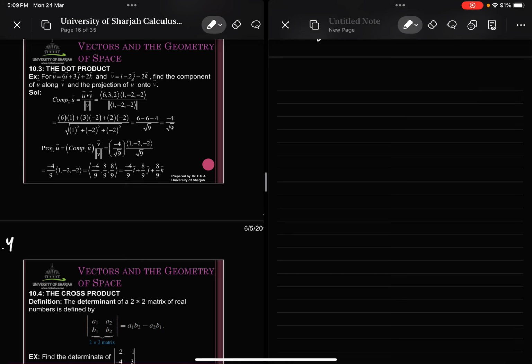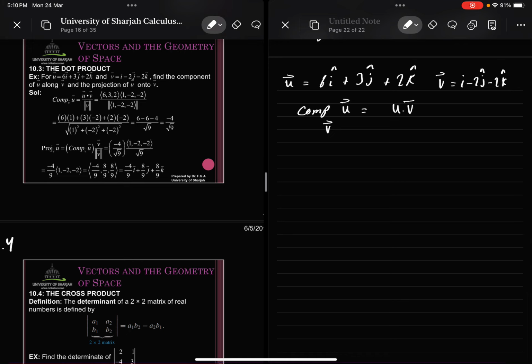For the dot product, for example, if we have u, 6i plus 3j plus 2k, and we have v, which is i minus 2j minus 2k, and they want from us to find the comp of u along v. So it will be u dot v over magnitude of v.